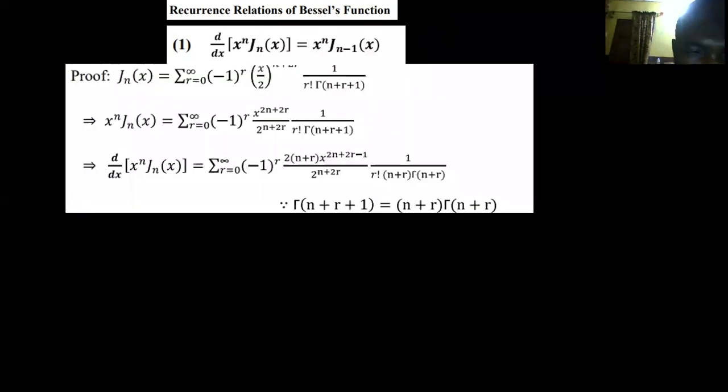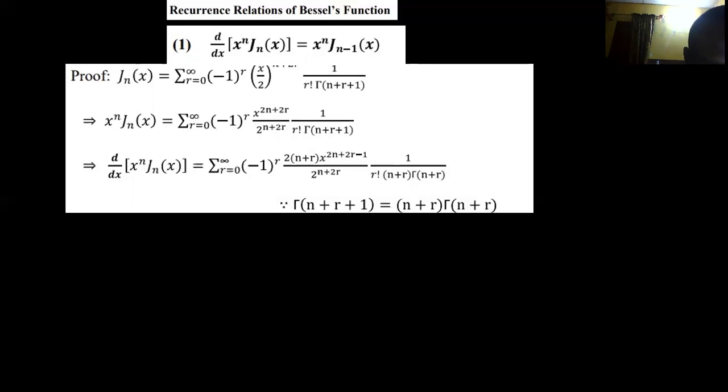If I start from my left-hand side, I multiply the Bessel function by x raised to power n. I have the summation from r to infinity of minus 1 raised to power r, x raised to power 2n plus 2r, divided by 2 raised to power n plus 2r, r factorial, the gamma of n plus r.